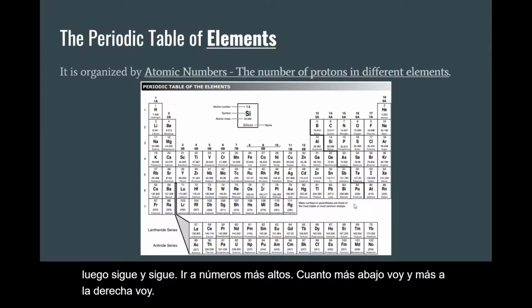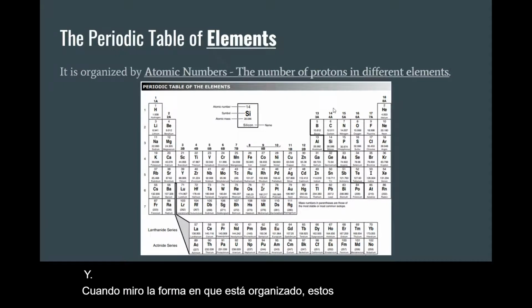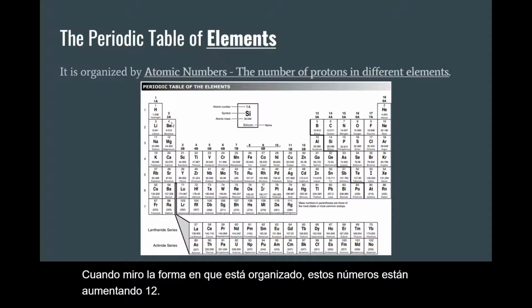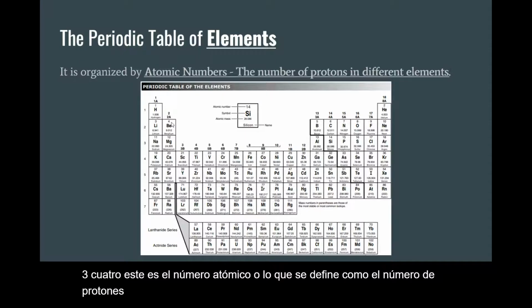And when I look at the way it's organized, these numbers are increasing. 1, 2, 3, 4. This is the atomic number, or what's defined as the number of protons in that particular element.